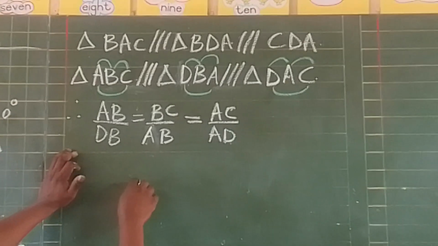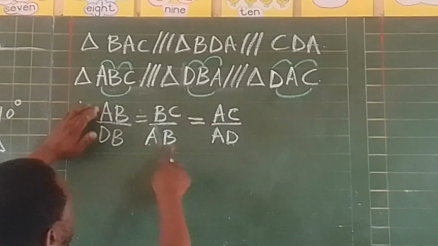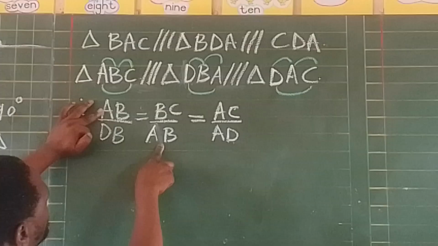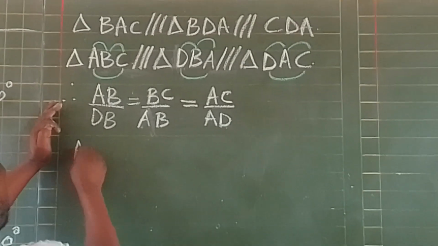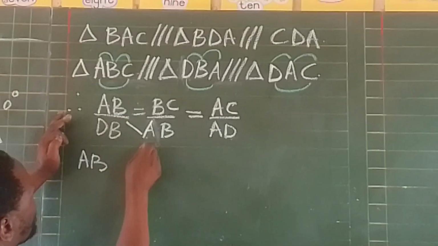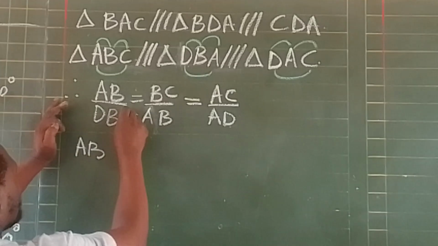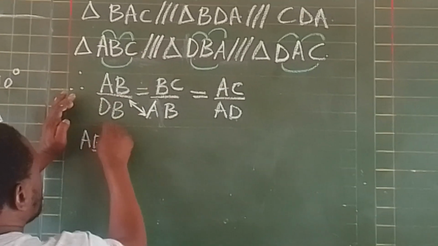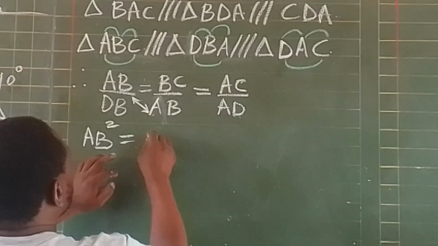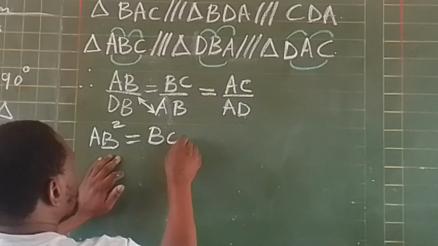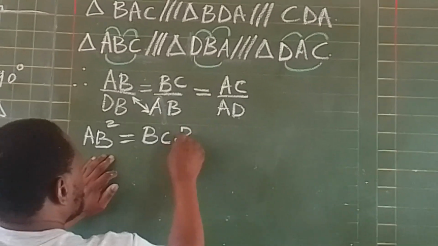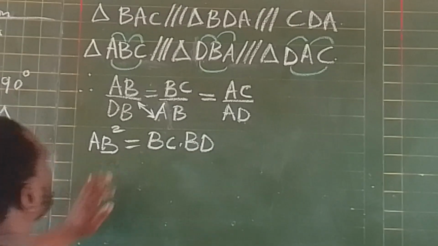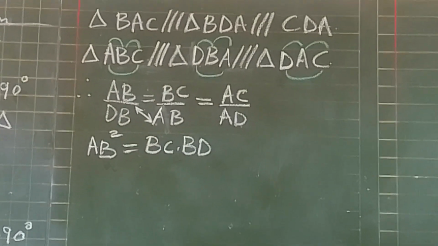Now we can say that, you see, we have AB, this one, cross with that. AB squared is equals to BC times BD. This is the first one we have.